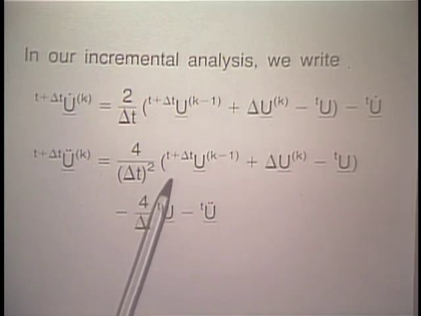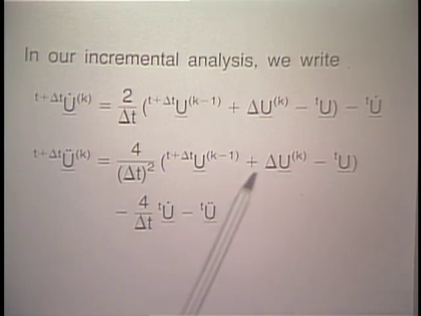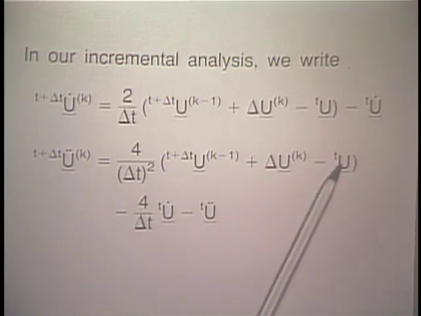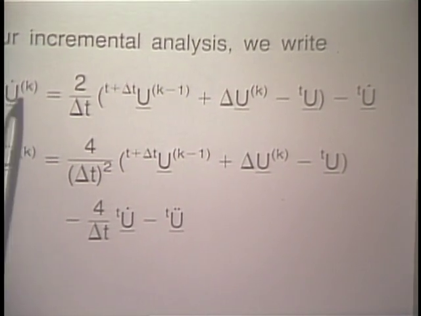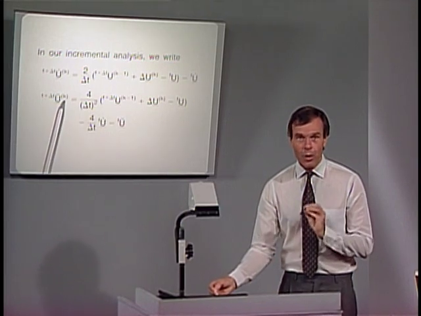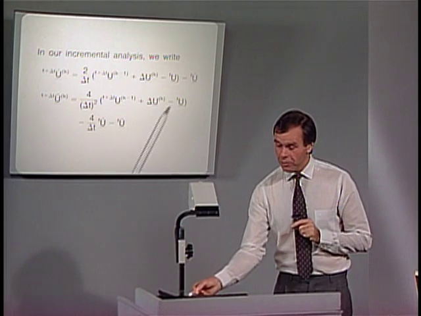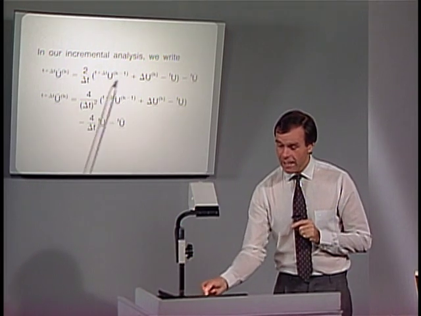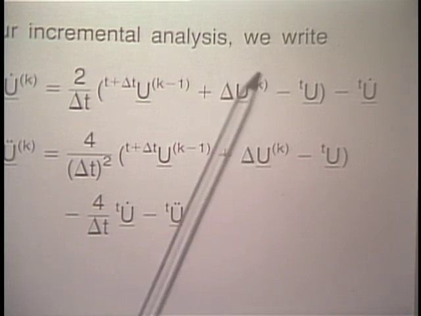We do the same for the acceleration here. Of course, these terms are as shown on the previous view graph. And now we have our velocity and acceleration corresponding to iteration k in terms of known values and one unknown value, the incremental displacement.